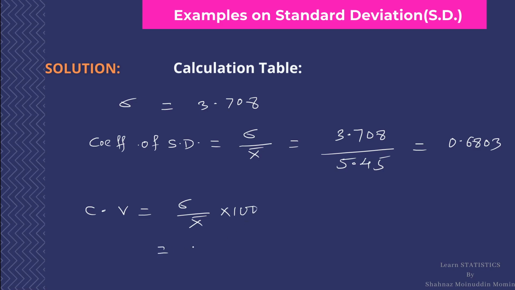So it is 0.6803 into 100, which is equal to 68.03%. This is the value of coefficient of variation denoted by CV.